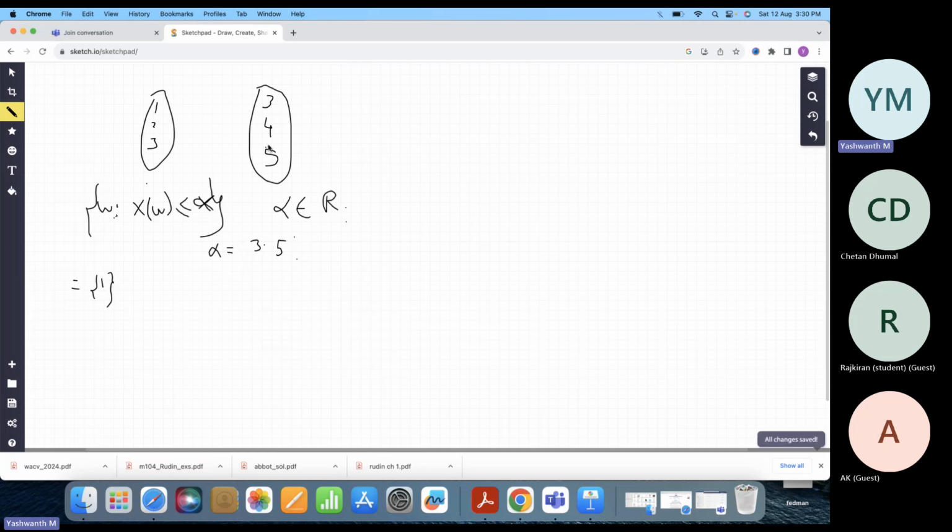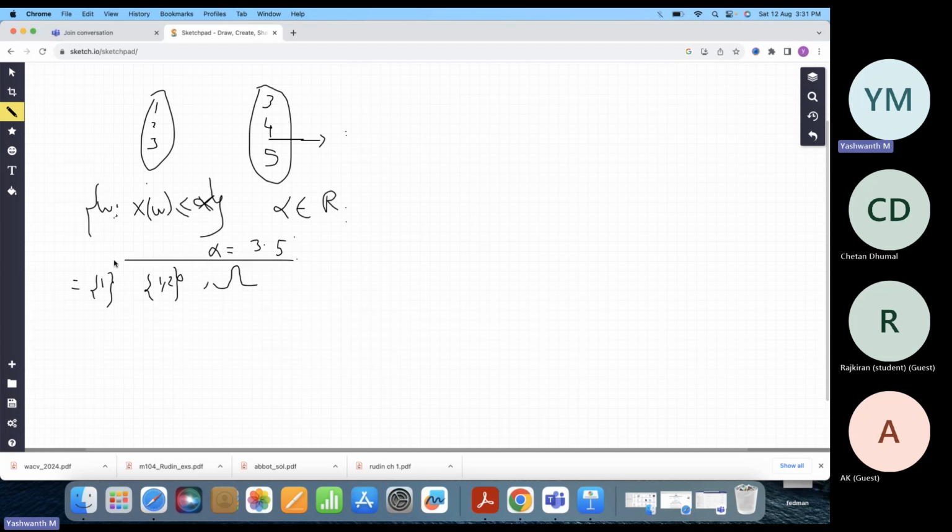If I choose alpha to be 4.5, what is the omega? Omega is 1 and 2. If I put anything greater than or equal to 5, your set is nothing but omega.